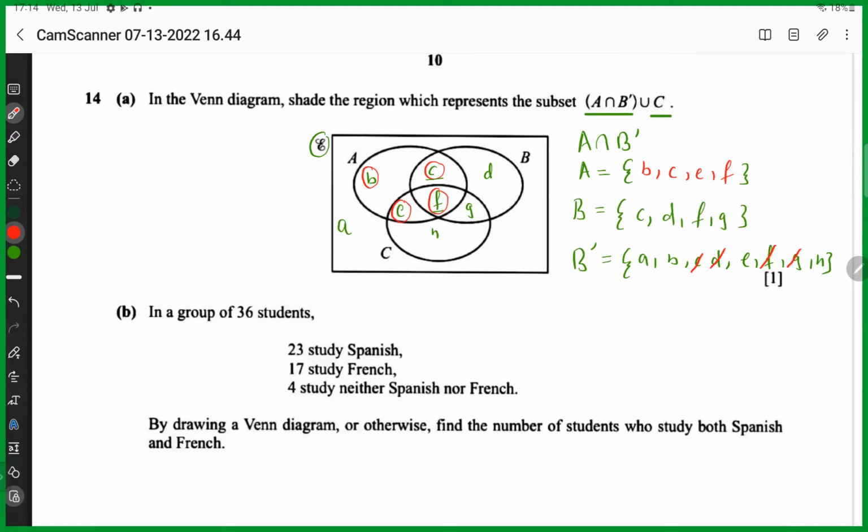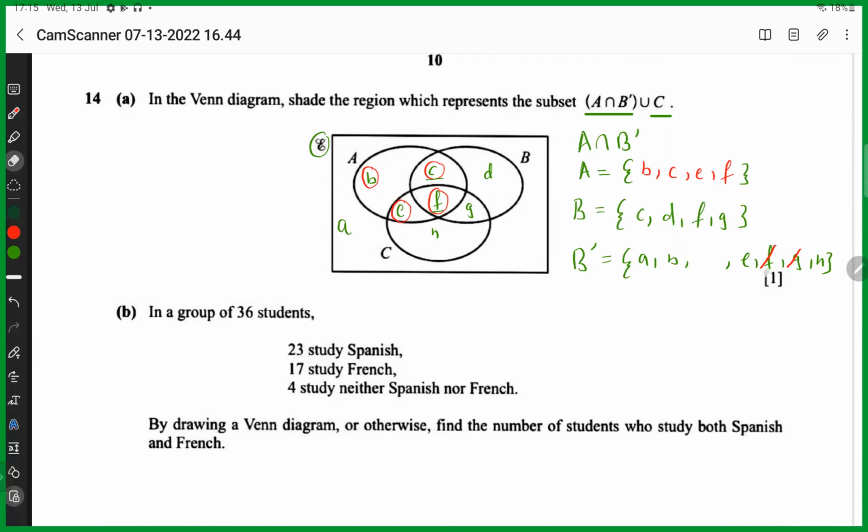So these elements would not be coming in B complement. Those who are new, I'll just give you one definition of complement of a set and things would make sense. B complement is going to have every element of the universal set except the elements of B. So when I say every element of the universal set, it was A, B, C, D, E, F, G, H. And when I exclude the elements of B, I would get A, B, E, H. Okay, so I am just going to erase this.